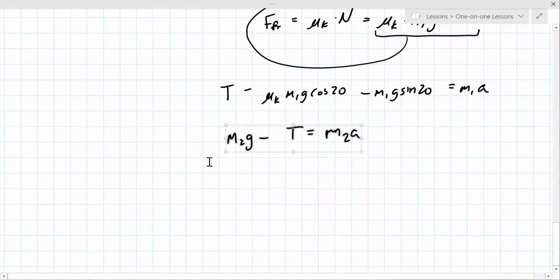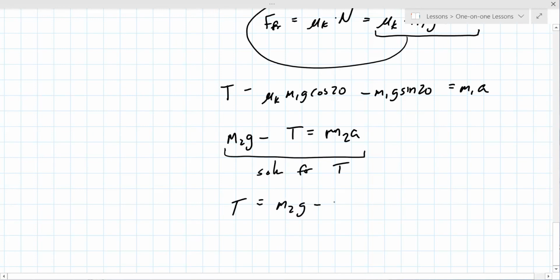And what do we know about the tension in the two strings? It's equal, usually. So you have your choice here. I'm going to solve this one for T. T equals m2g minus m2a. This I'm going to bring up and put into this equation.